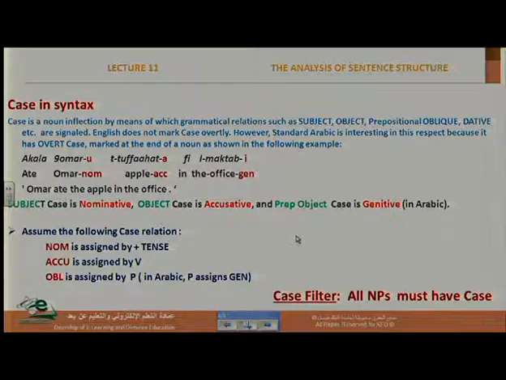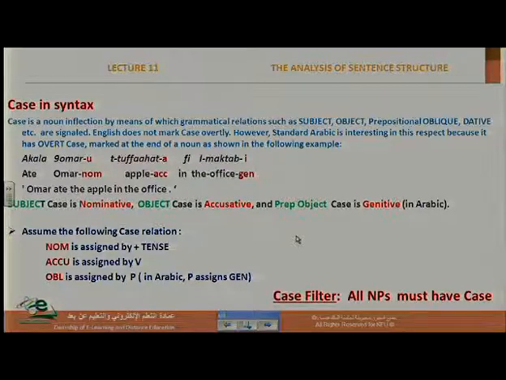Now, let us assume in a very simple way how case is supposed to be happening in syntax. Let's assume, just accept with me, that nominative case is assigned by a plus tense inflection, meaning that if the tense of the verb is, say, present or past or future, if there is such a thing as future in English, then we will say that it is the tense inflection which is responsible for assigning nominative case to the subject.